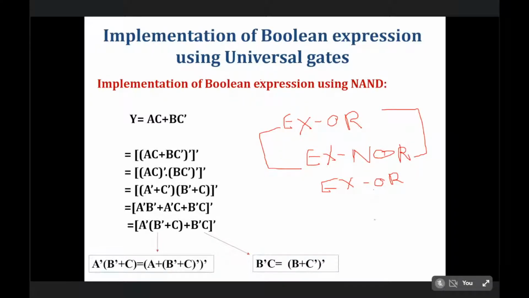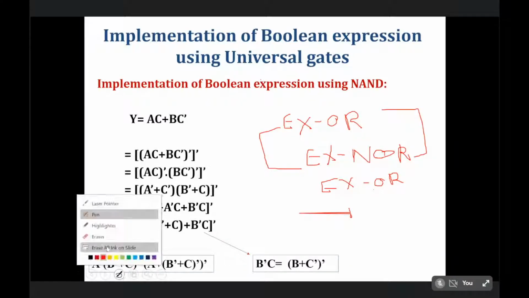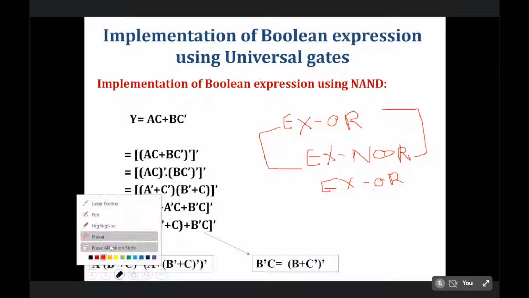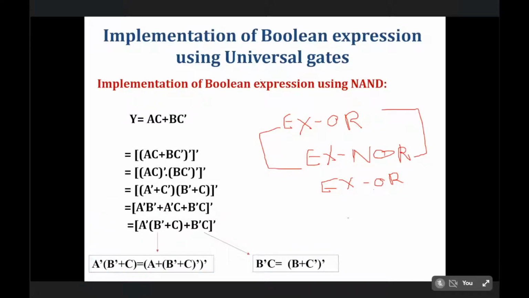So here the exclusive OR gate gives a true or high value when both the inputs are different. Okay. So suppose A and B. For the two inputs we have four combinations.